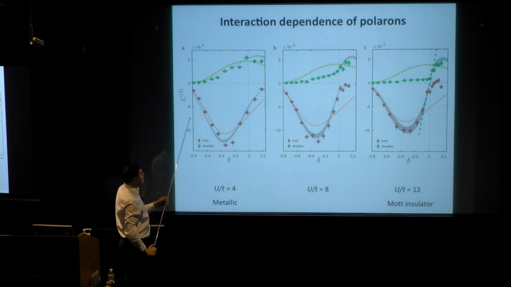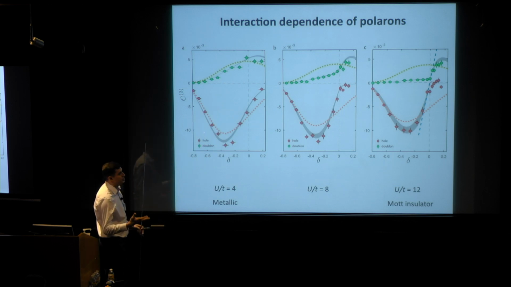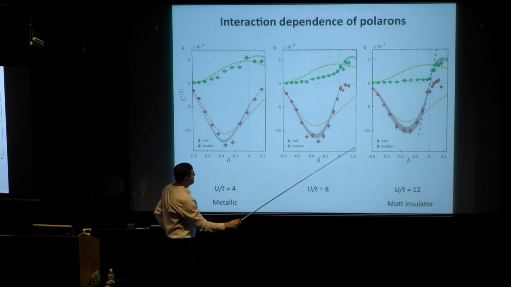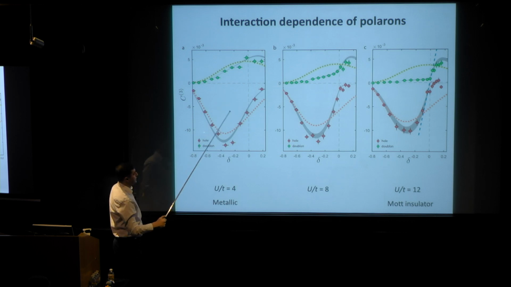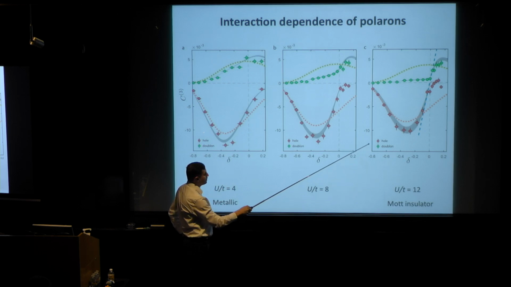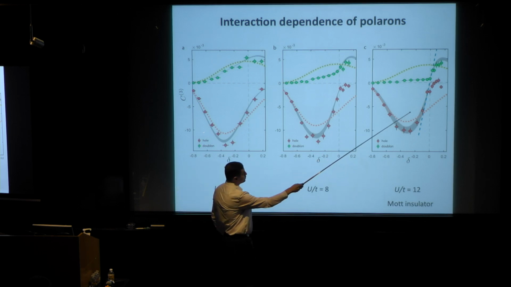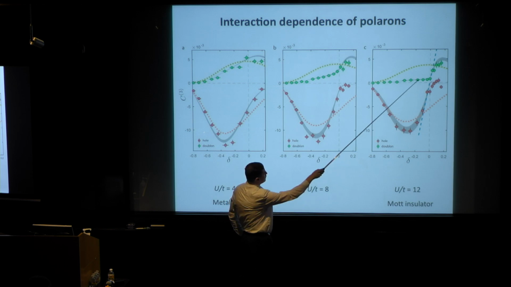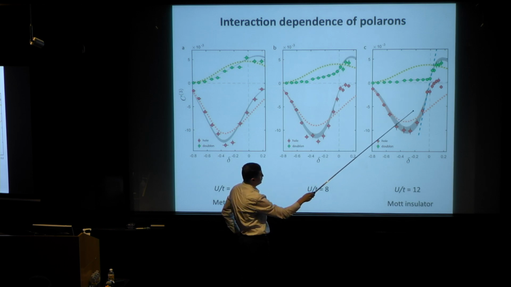But just seeing the correlations of the right sign isn't sufficient to claim that you've seen this polaron. You have to combine that with the fact that, from measuring the singles fraction, you're in a Mott insulator, so you are in this limit. Basically, even a band structure picture in the non-interacting limit gives you correlations of the right sign. But you combine it with the large U over T limit measured through a singles fraction, and the fact that the strength of this 3-point correlation grows linearly with the doping.